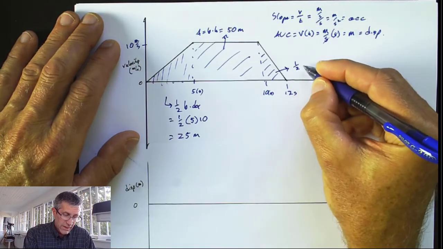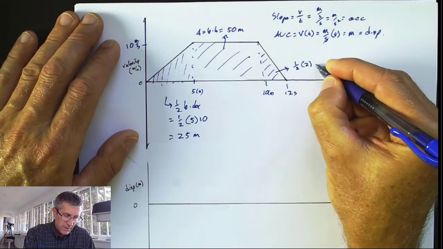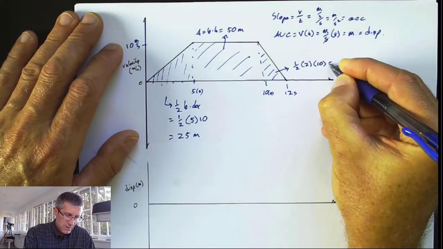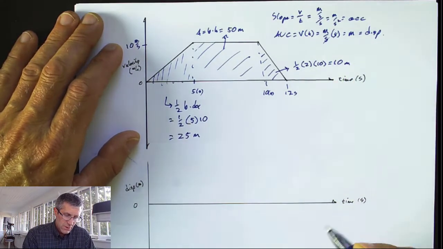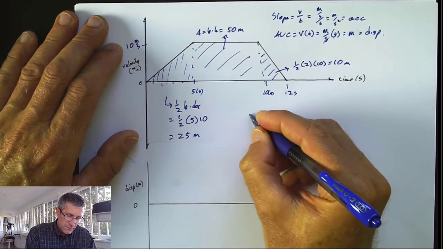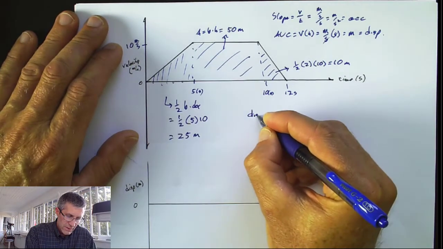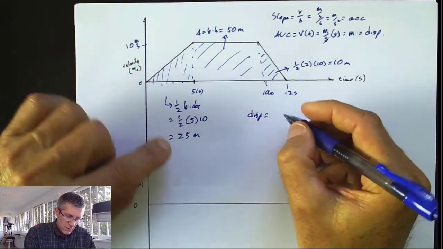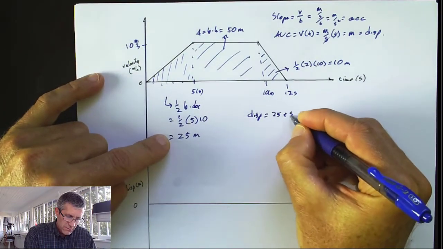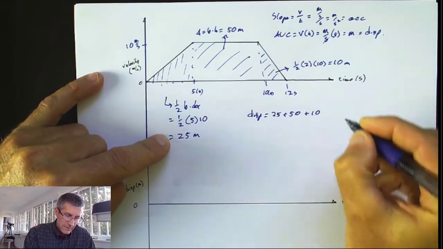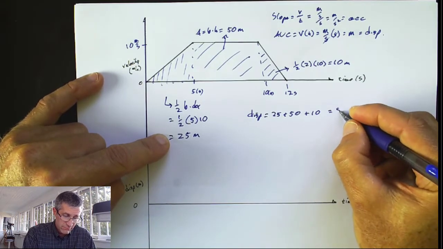So I'm going to figure out 1/2 my base, we'll call that 2, times my height, we'll call it 10. And that's going to come to 10 meters. So the total distance I traveled, total displacement, is going to be 25 plus 50 plus 10. I have 85 meters.